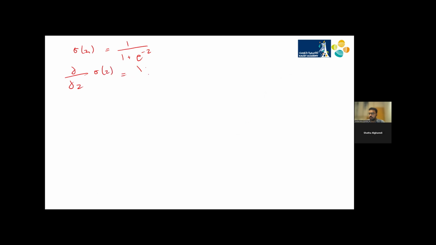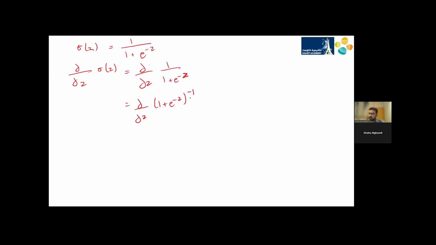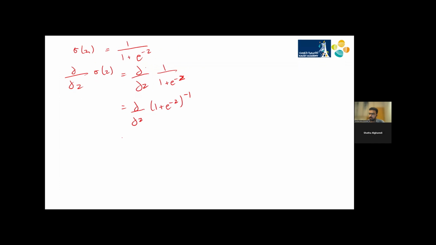So it will be the derivative with respect to z of 1 plus e to the minus z, all to the power minus 1. We write it in the power form rather than as a fraction. Everyone happy with this? Yes, that's fine.